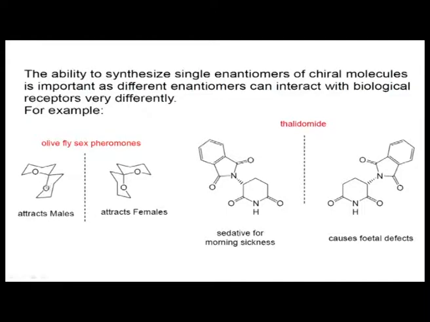So, one enantiomer, if it is present in the body, makes the males feel an affinity towards the animal secreting this type of compound. On the other hand, females have the affinity if some animal is secreting this molecule.